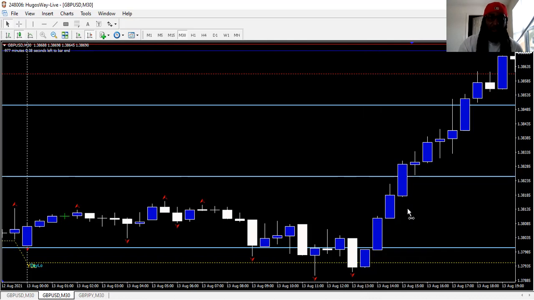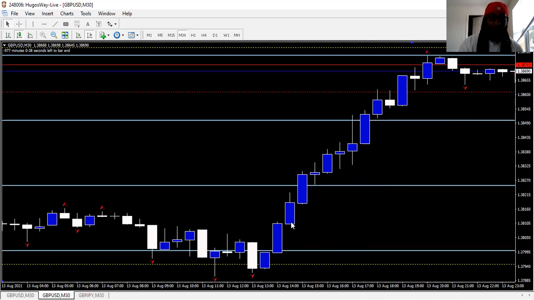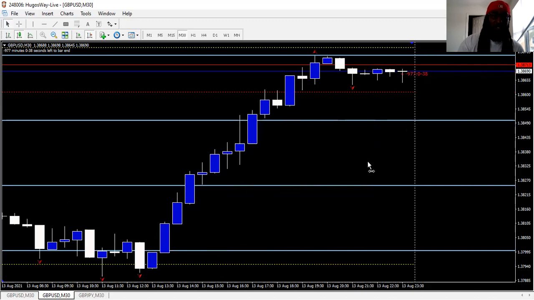All right, and just look at it. If you didn't get in here and catch the momentum, then just wait until you get to the next zone. What did it do? It came back, retested, boom, into the trade, take it on up. Now if you missed that zone, wait for your break and retest again.